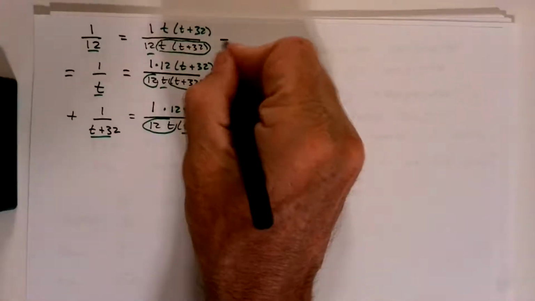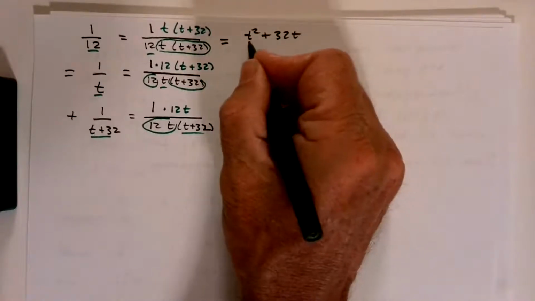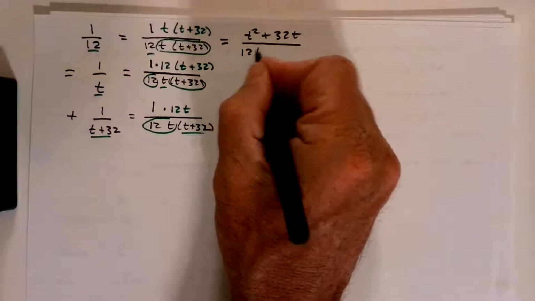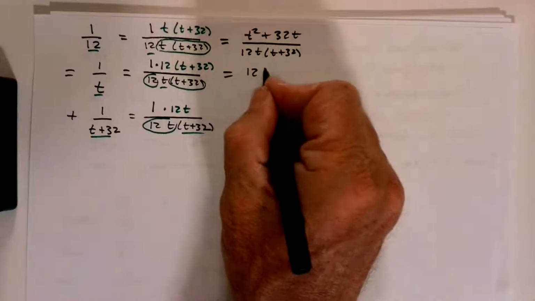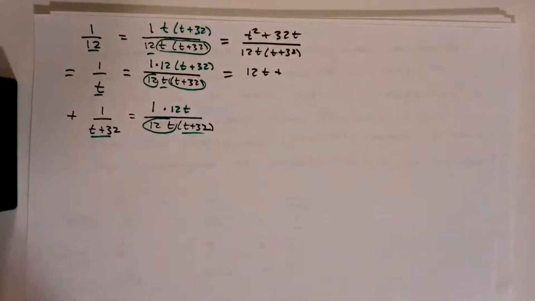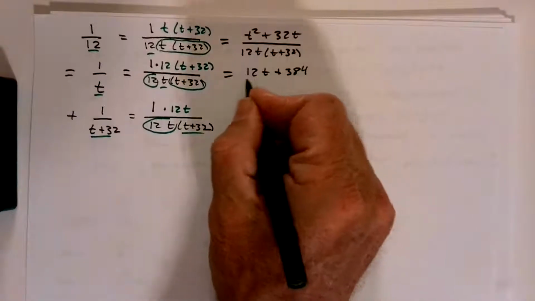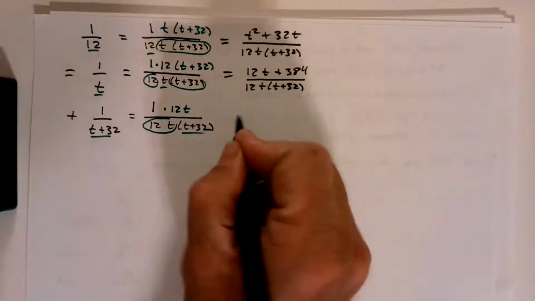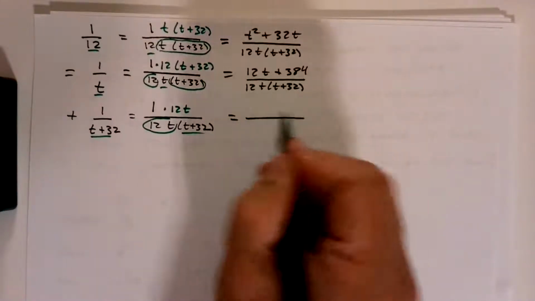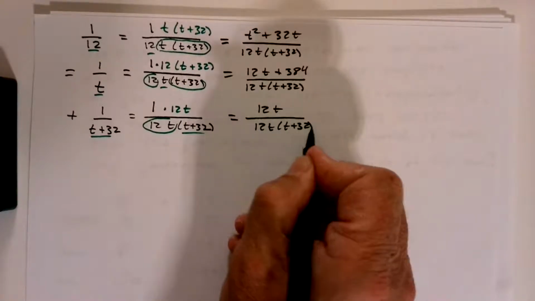Now we have t times t plus 32, which is t squared plus 32t, over 12t times t plus 32. Here we get 12 times t, 12t plus 12 times 32. Ouch, some big numbers here. 12 times 32, 384, over 12t times t plus 32. And then we get 12t over 12t times t plus 32.